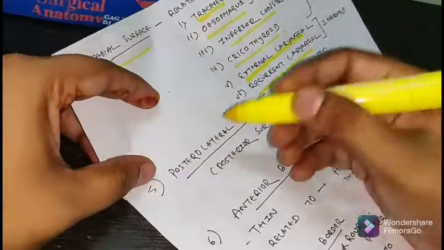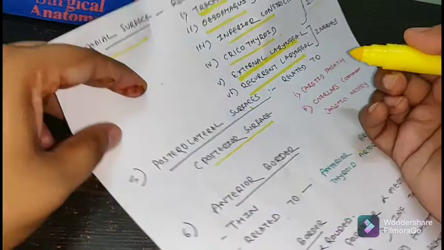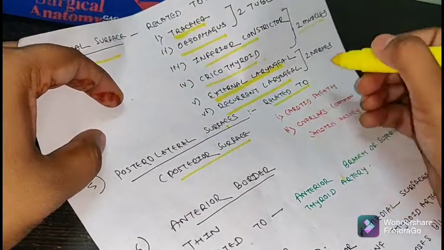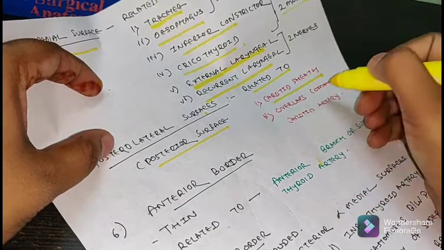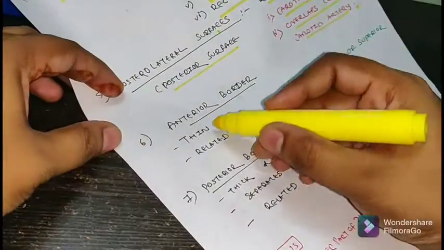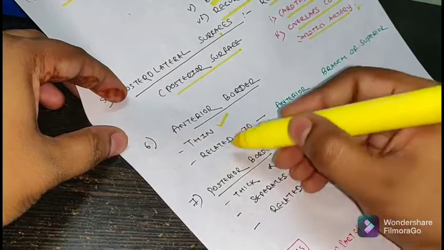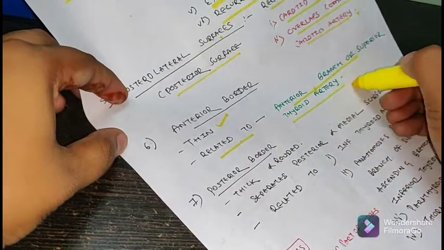Next we will see the posterolateral surface, or the posterior surface, relations. The thyroid gland is related to the carotid sheath, and it overlaps the common carotid artery. The anterior border, which is thin, is related to the anterior branch of the superior thyroid artery.